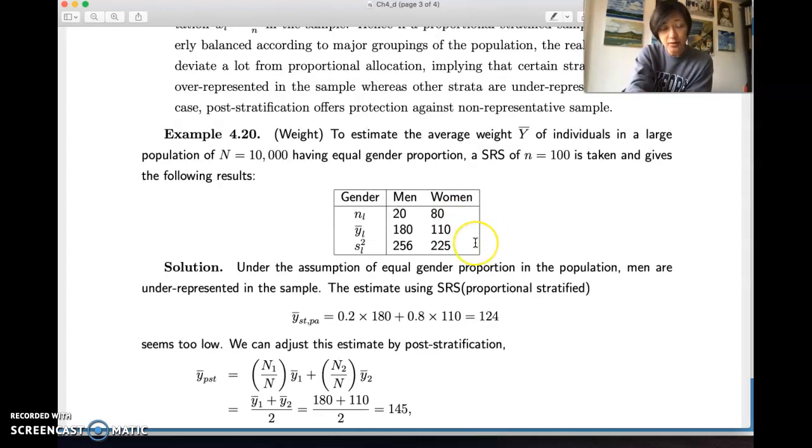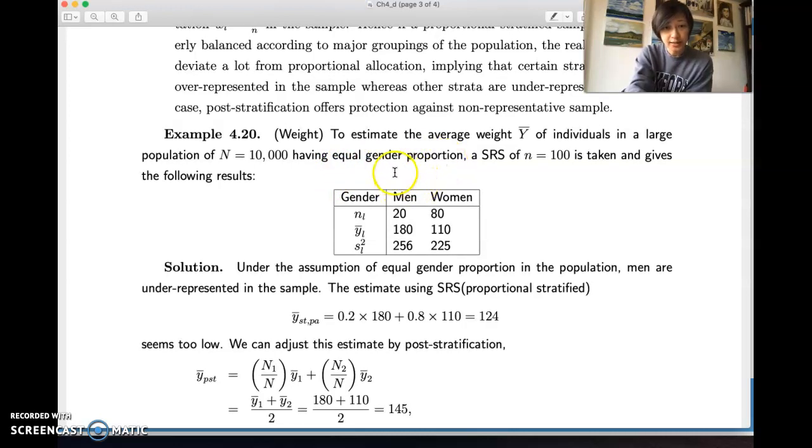Then we can now, rather than estimate under the stratification proportional allocations, because this depends on the sample size. So in this case, men are underrepresented in this sample. Because we know that under the population, we should have equal gender proportion.